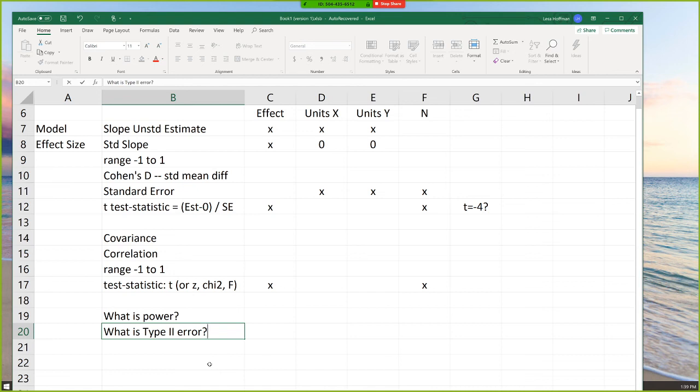Well, type 1 error is false positive. Type 2 error is false negative. So a type 2 error means there is a relationship there in reality, but I missed it. I said it's not significant.